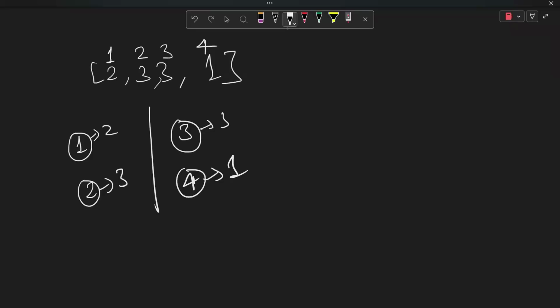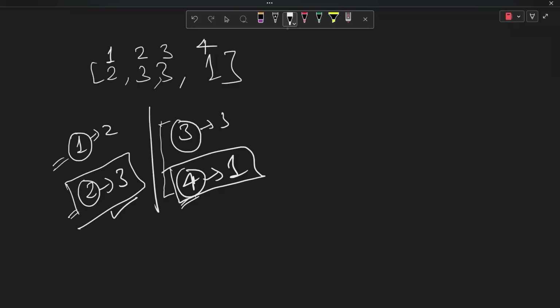Now from these two piles, she would pick up the book with the highest number. In this pile, the book with the highest number is 2, so she would read this book. In this pile, the book with the highest number is 4, so she would read this book. So the total number of pages she reads is 3 plus 1, which equals 4.